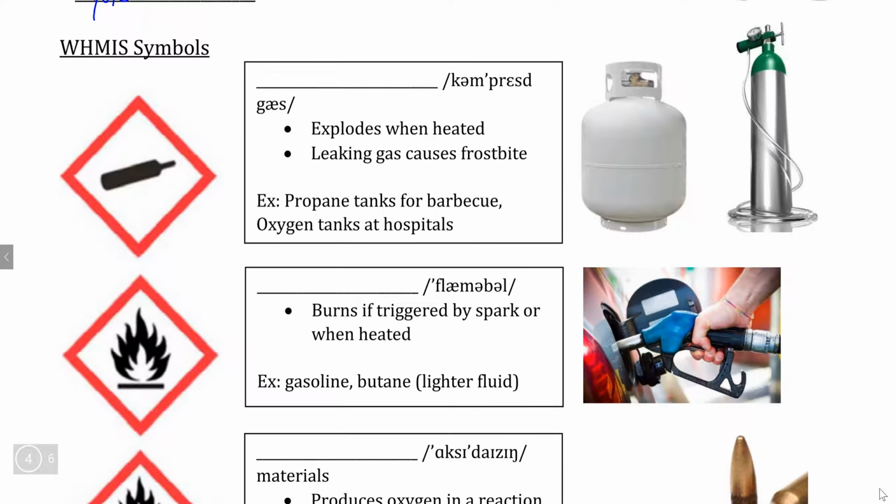So the first of these warning symbols is a gas canister, which indicates the presence of gas that is stored under a high pressure. The best two examples of these are the propane tanks that are used to fuel outdoor barbecues and oxygen tanks that are used to supply hospital patients with oxygen that they need for treatment.